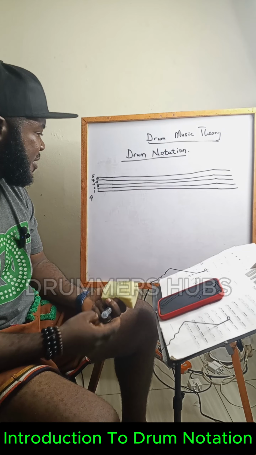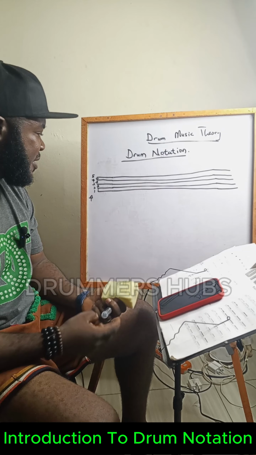This is line 1, this becomes line 2, line 3, line 4, and this is line 5. The same thing with the spaces: this is space 1, space 2, space 3, and this is space 4. So that's what a staff is: 5 lines and 4 spaces.